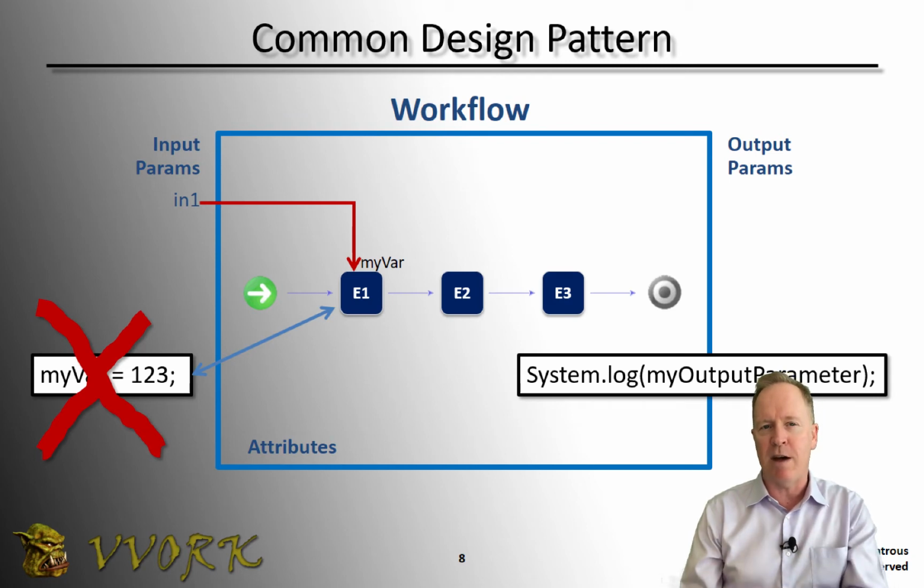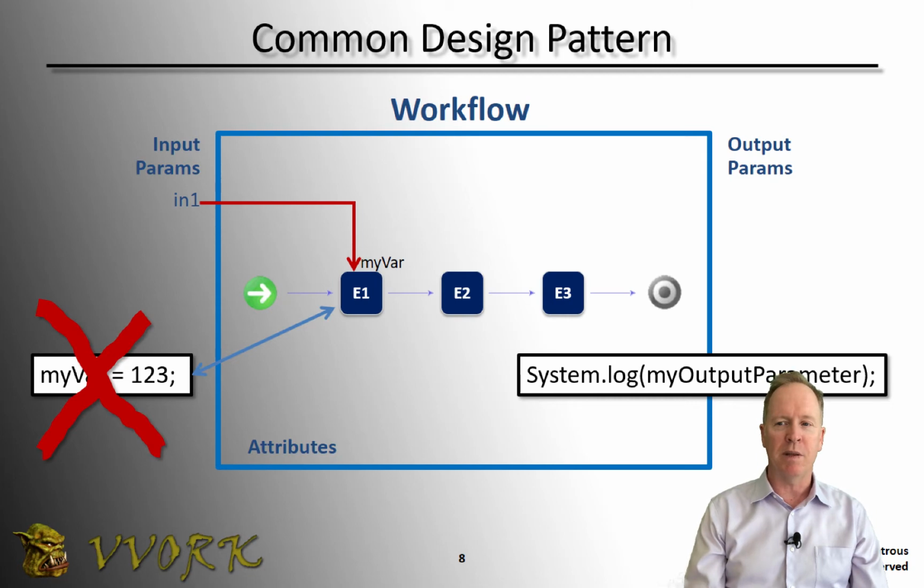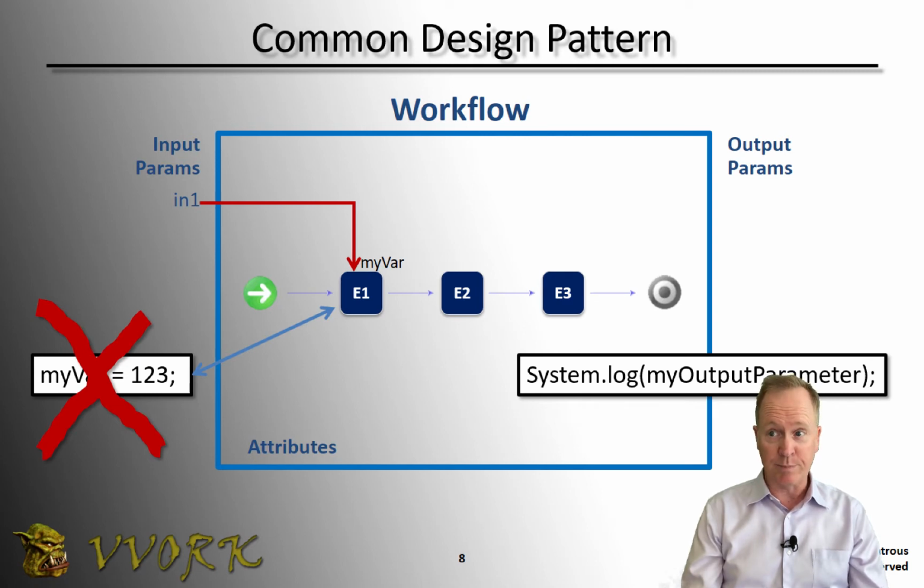You can change their value, but you can't see what's in them. So if you attempt in your workflow to say something like system.log, and then you specify, I want to see the contents of an output parameter, that's not going to work. So these two types of things don't work.